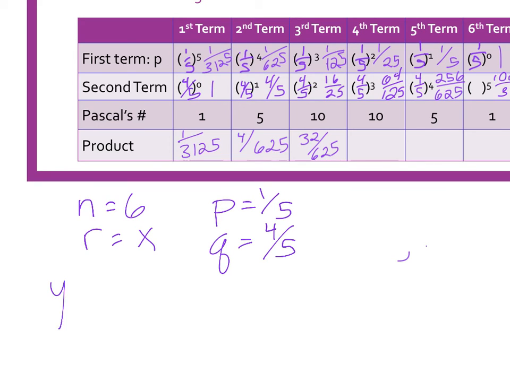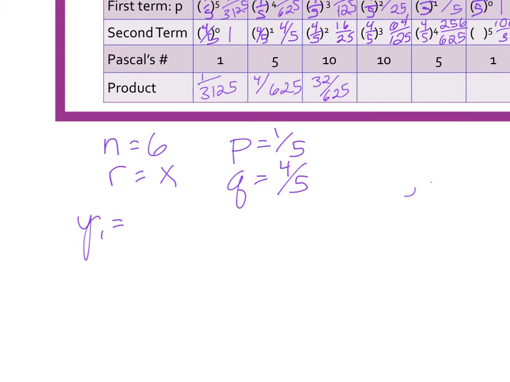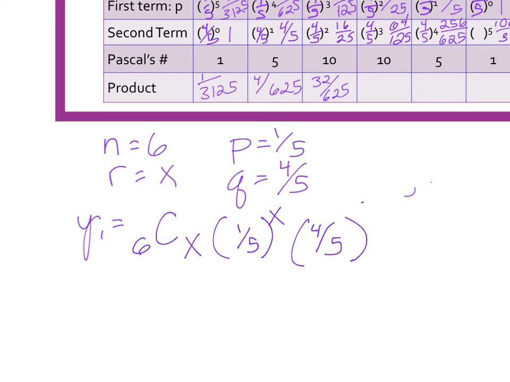What you're going to type in your calculator is 6Cx, parenthesis, 1/5, close parenthesis, to the x, you have to step out of the exponent, parenthesis, 4/5, close parenthesis, to the 6 minus x.